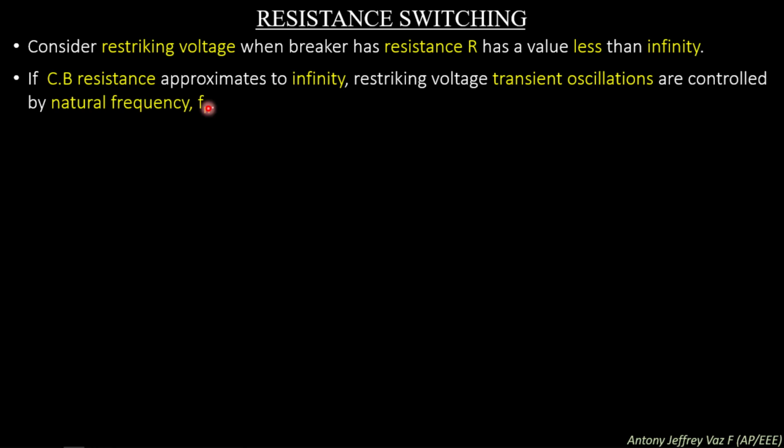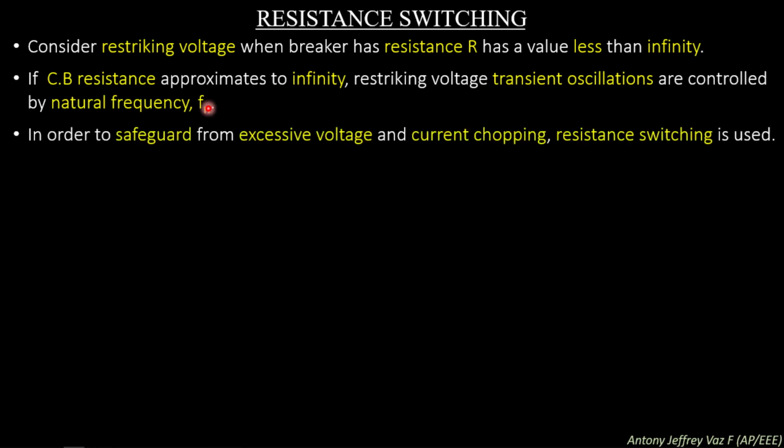Since the circuit breaker resistance is approximated to infinity for the derivation, it helps in controlling the natural frequency of oscillation and decreases the transient oscillations. In order to safeguard from excessive voltage and current chopping, resistance switching is used.